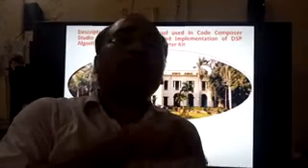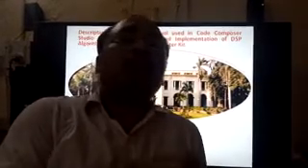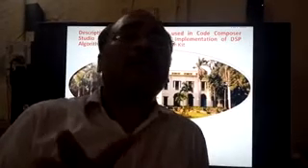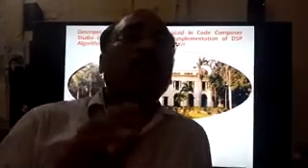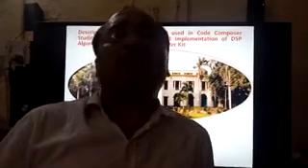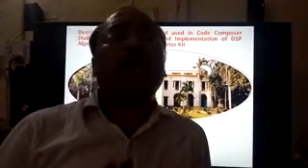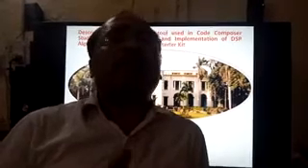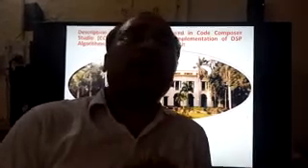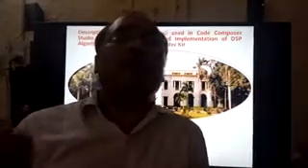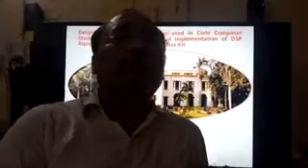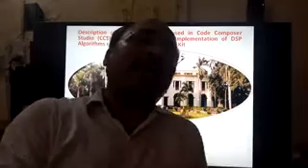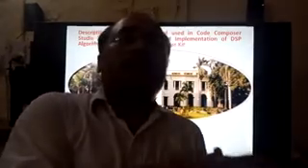Specifically we are using the CCS Code Composer Studio, and the target is a particular processor, a floating point digital signal processor having a speed of 225 megahertz, and the name of that processor is the Texas Instruments TMS320C6713.